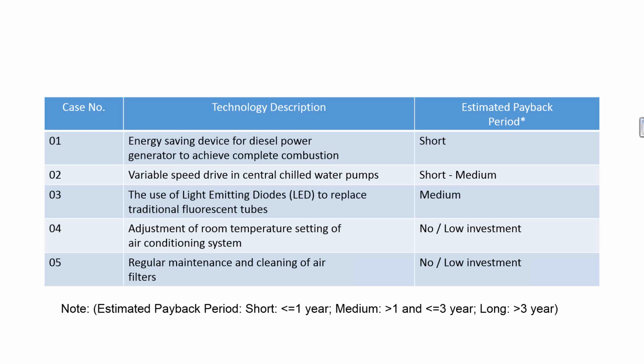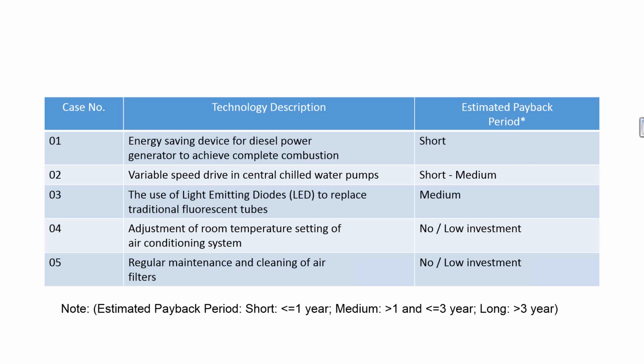Operating diesel power generators requires burning a large quantity of diesel, which may result in incomplete combustion of diesel and thus lower its energy efficiency.